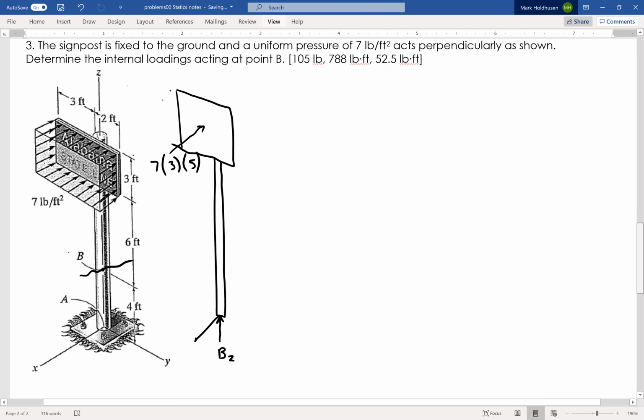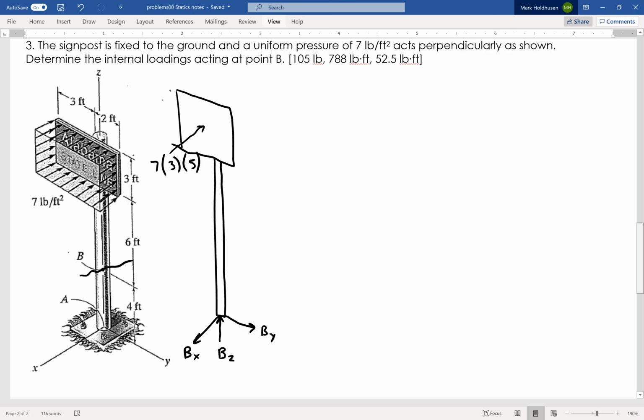Okay, I've got a shear force in both the x and the y direction. I'm going to call those Bx and By, and again, I'm just going to draw those in the positive directions based on the coordinates. Now I've also got moments on this. I've got bending moments.